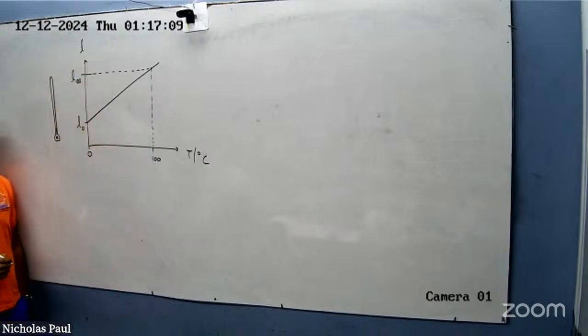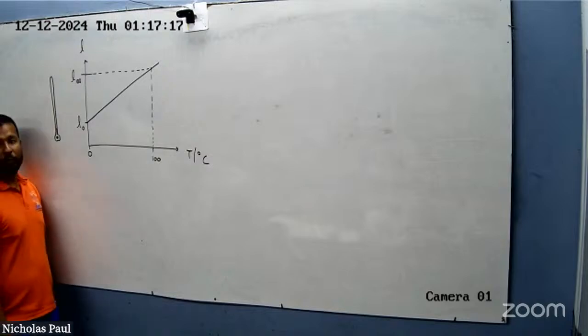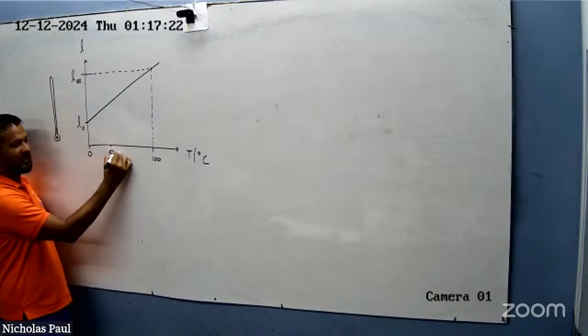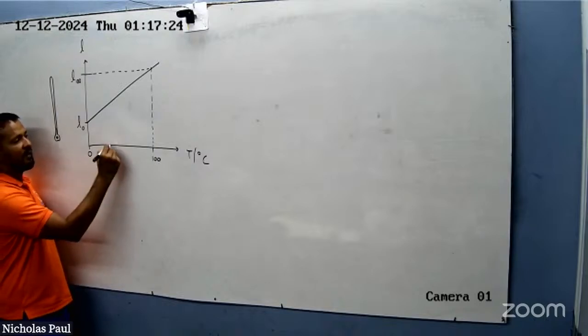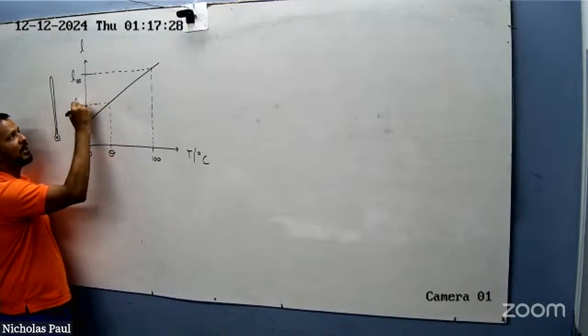We can get a formula that can help us work for anything. So technically, yes, we're trying to calibrate it. Now let's go to an unknown temperature. Let's call the unknown temperature theta. Place the thermometer in there, and the length that we get is L theta.